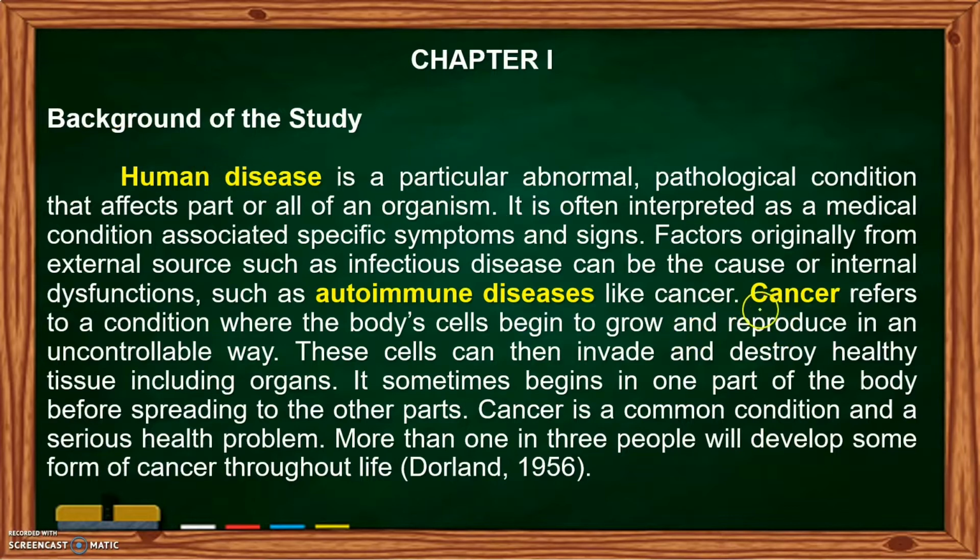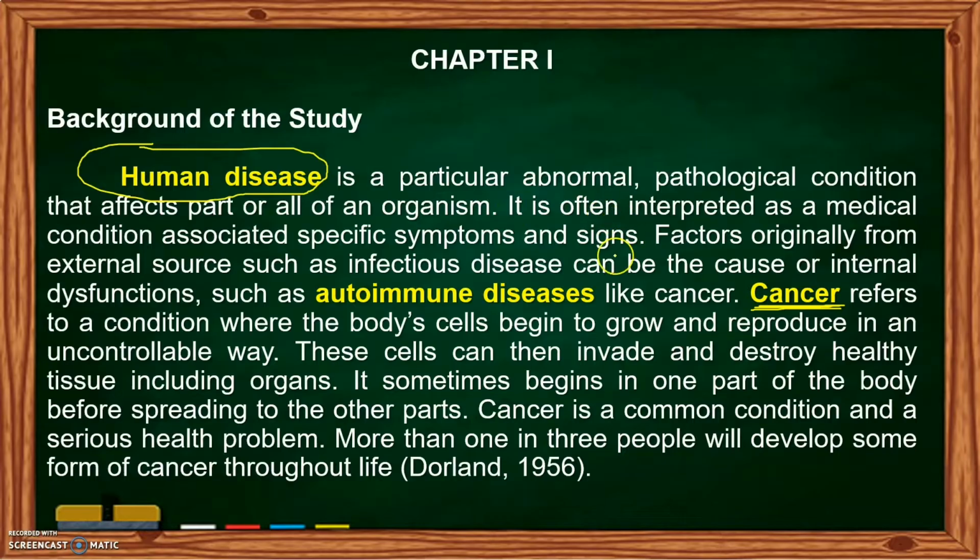Again, ano yung kanilang main topic? It's the cancer. Paano mo ba i-categorize ang cancer? Cancer is categorized as human disease. So, sa first sentence ng background of the study, sa first paragraph, diniscuss ng researcher yung tungkol sa human disease. Human disease is a particular abnormal pathological condition that affects part or all of an organism.